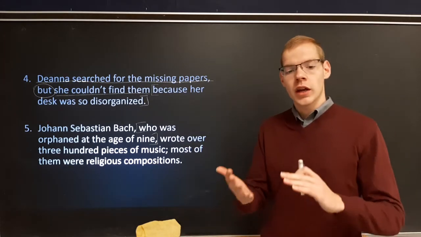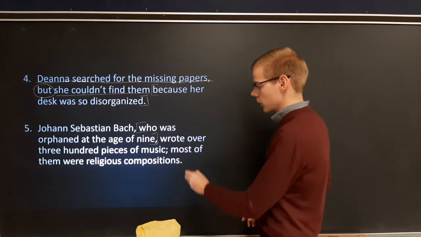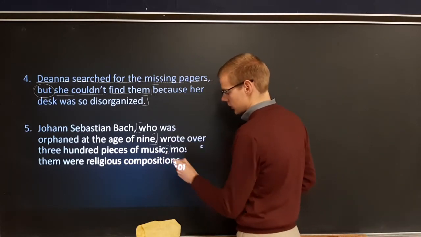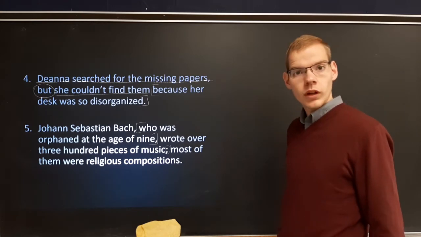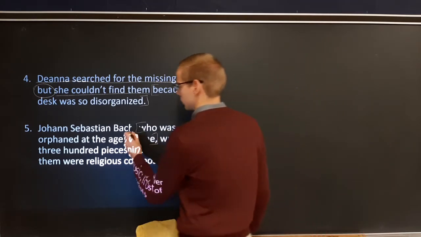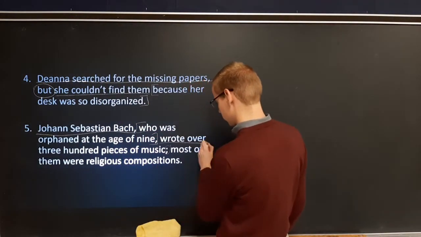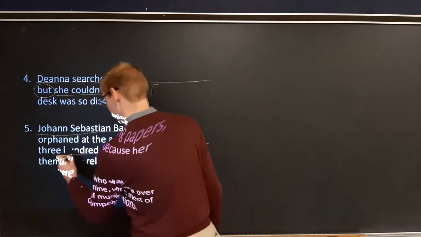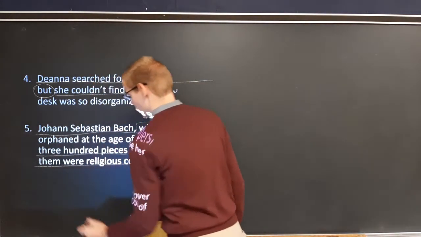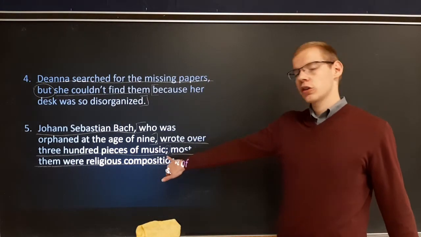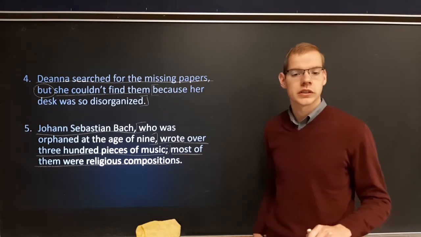It says that it can be a word or punctuation mark, and in this one we have a punctuation mark that connects it right here, the semicolon. And then the rest needs to be underlined. So just make sure you do not underline the semicolon. That one needs to be circled.